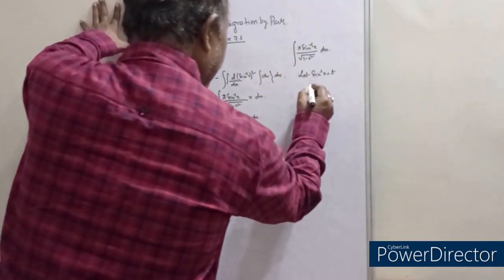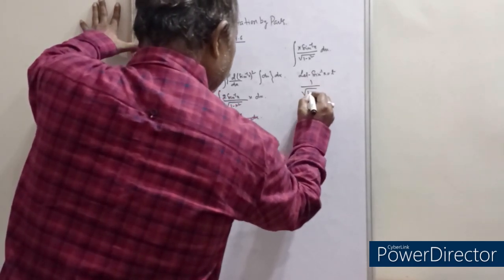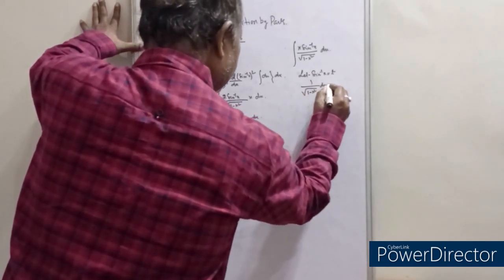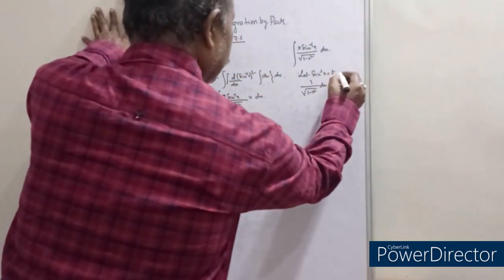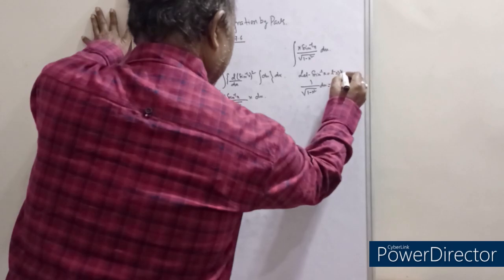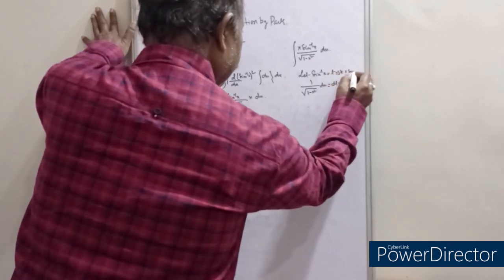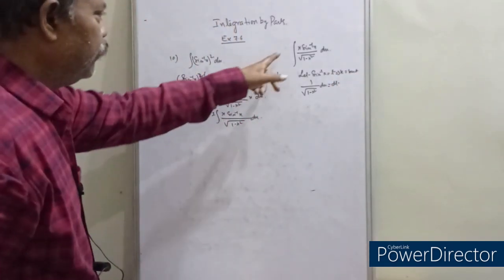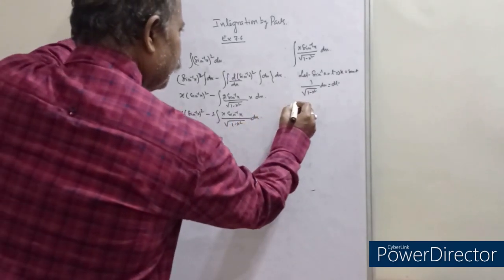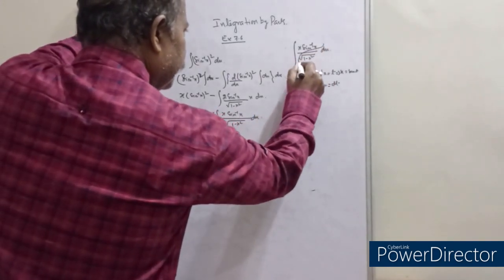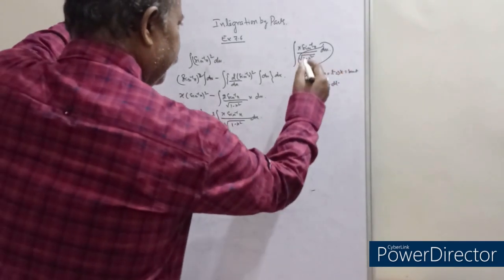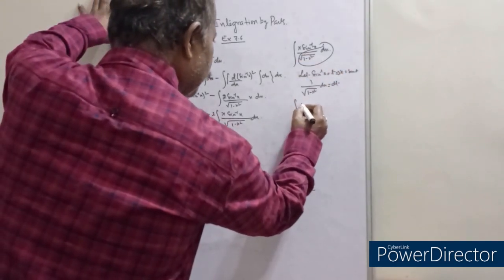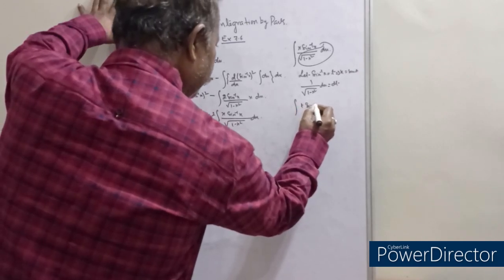Let sine inverse x be t, so the differentiation of sine inverse x, which is 1 by root over 1 minus x square dx, is equal to dt, and the value of x will be x is equal to sine t. So now this gets reduced to t sine t dt.